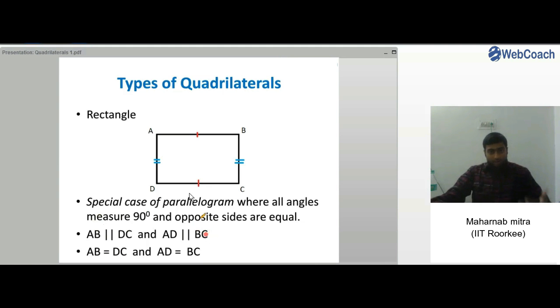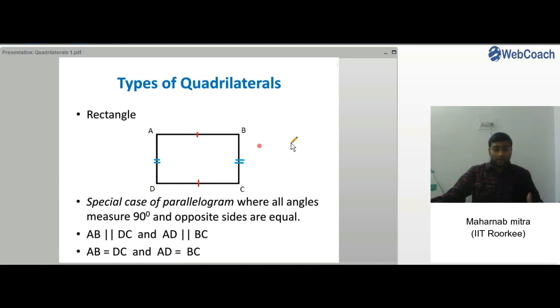Also in rectangle, opposite sides are equal to each other, right? I think you know this characteristic of rectangles. Opposite sides are equal, or here you can see with the red lines it is shown AB is equal to DC, and with blue lines it is shown AD is equal to BC, right?